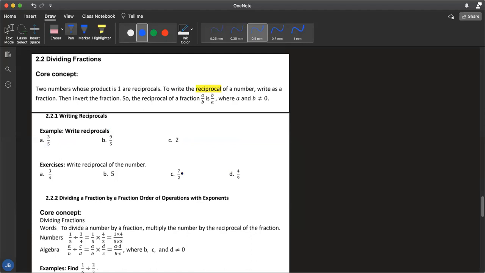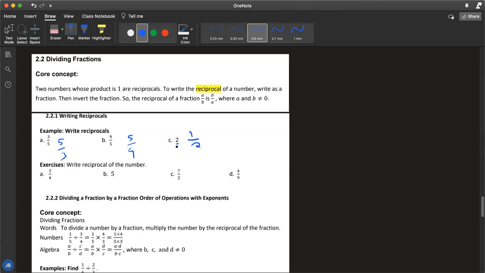Okay, so now we're going to write the reciprocals. Jerry, what's the reciprocal of 3 over 5? 5 over 3. Alina, what's the reciprocal of 9 over 5? 5 over 9. Max, what's the reciprocal of 2? So 1/2.